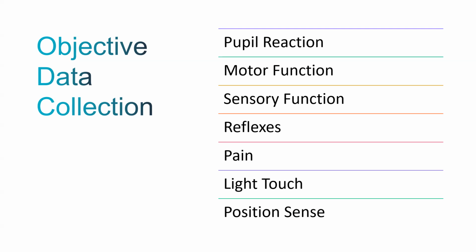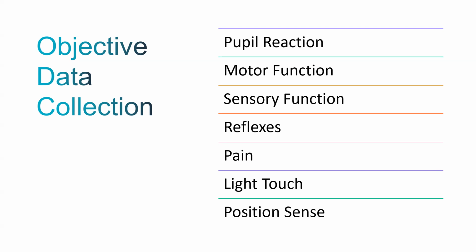So as we move on, we're going to assess the reflexes and the sensory function of a patient. We're going to assess deep tendon reflexes, plantar reflexes, looking for any meningeal irritation signs, revealing any kind of abnormalities of the nervous system. We're going to assess for sensory function, testing for any pain.